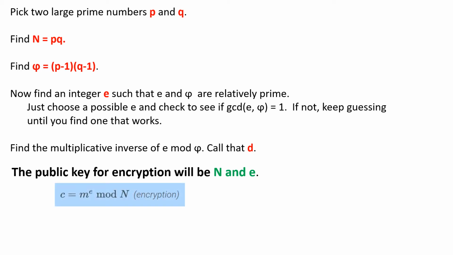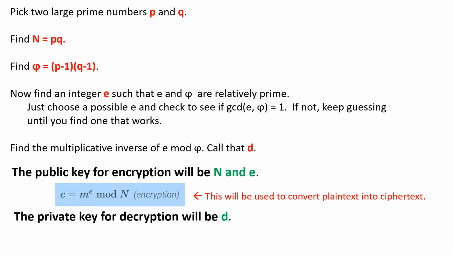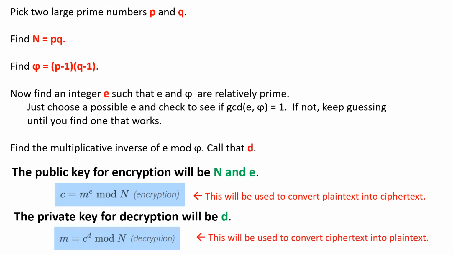And then they will find the ciphertext by using this formula. That will convert plain text into ciphertext. And then the private key for decryption that only Bob will know is D. And then he can use this formula to go back to the plain text. And so that will be used to convert the ciphertext into plain text.